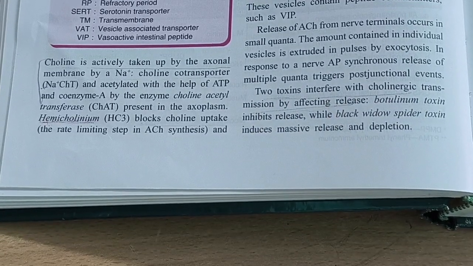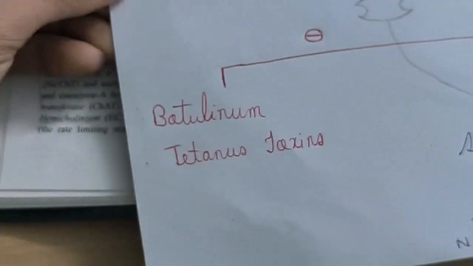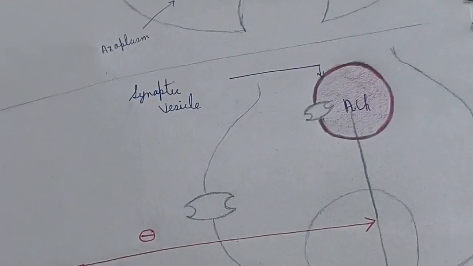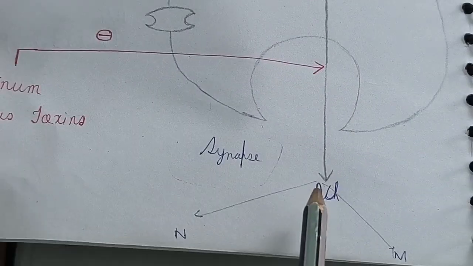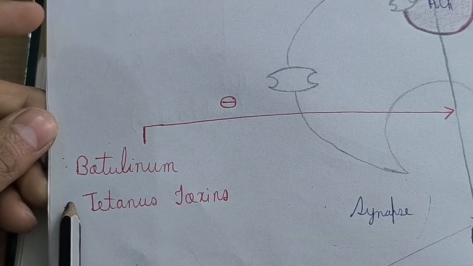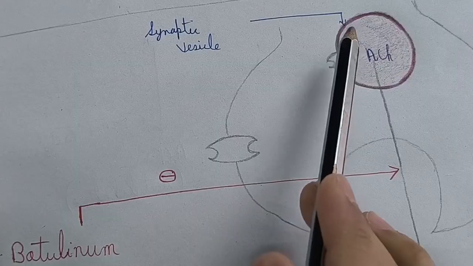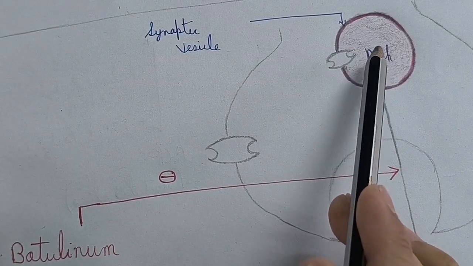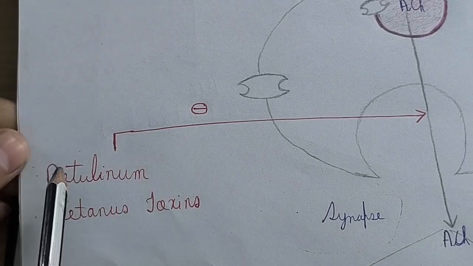As I already mentioned, this is the release of acetylcholine from the synaptic vesicle into the synapse, and there are two drugs, botulinum and tetanus toxins, that inhibit this release of acetylcholine from the synaptic vesicle into the synapse.